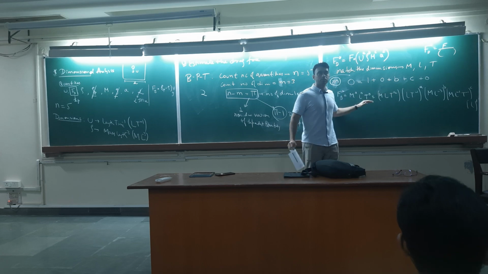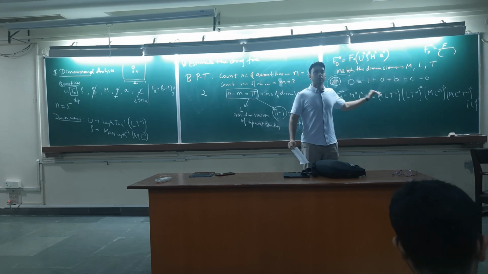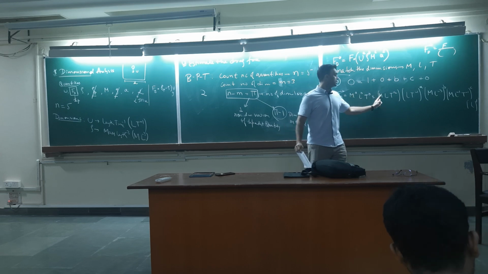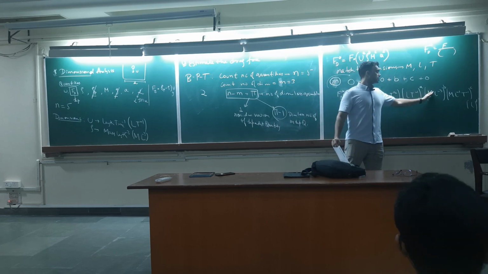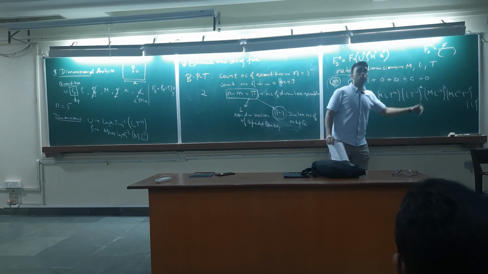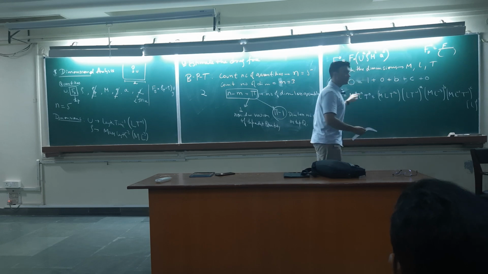My relationship should respect each dimension independently. So I'm saying 0 equals 1 plus 0 plus B plus C. And I'll do it for L also and for T also. Shall I run this?